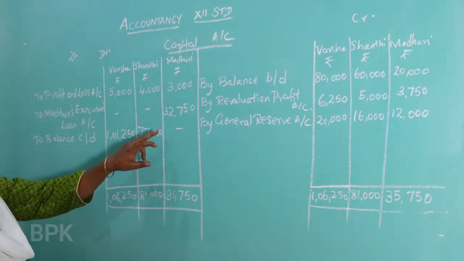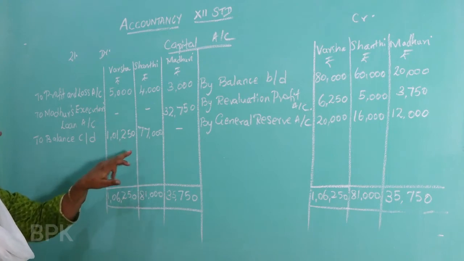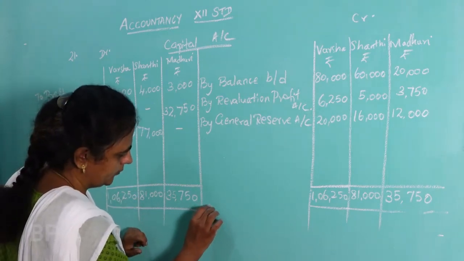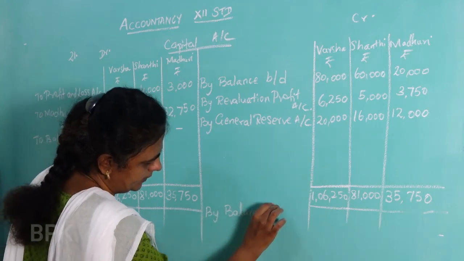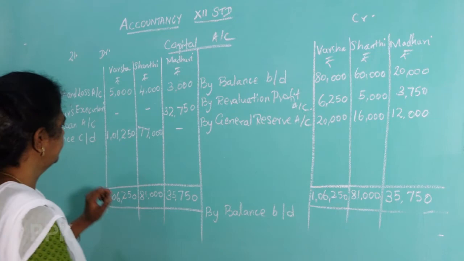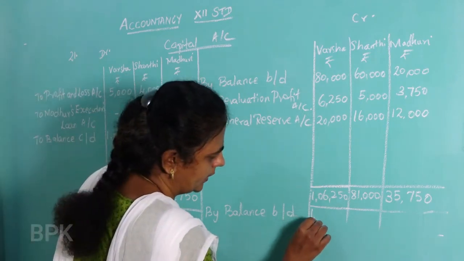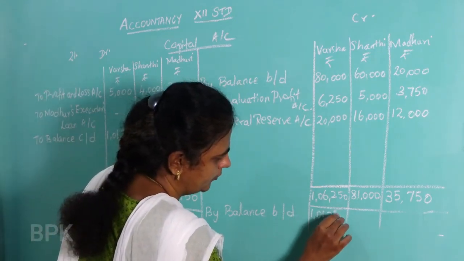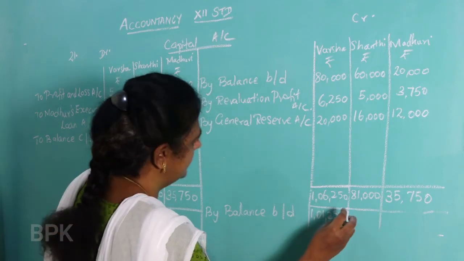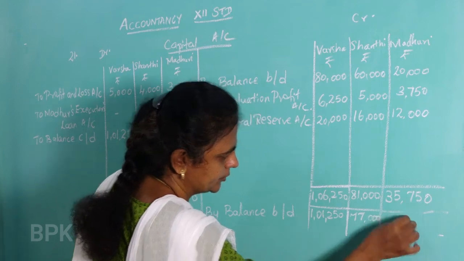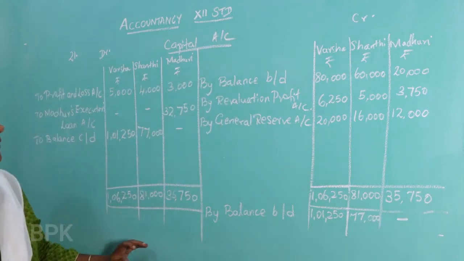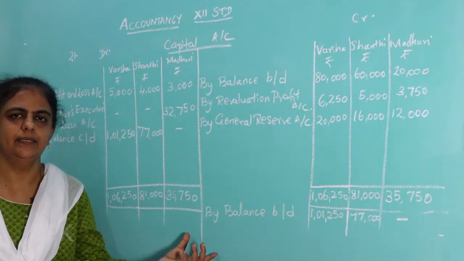Okay, now only two partners are there. These two partners' balance you bring down. So by balance brought down, 1,01,250 and 77,000. The other partner is not there, so put a dash. Okay, this is how you have to prepare the capital account.